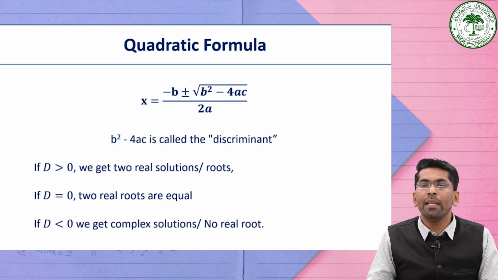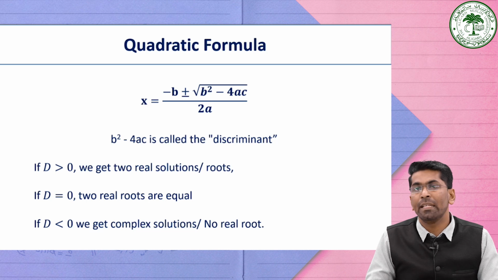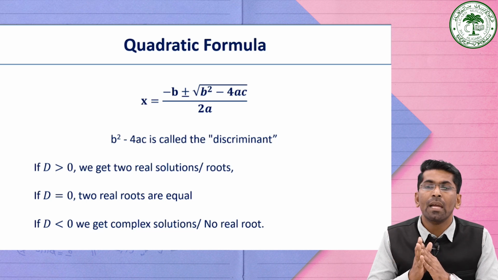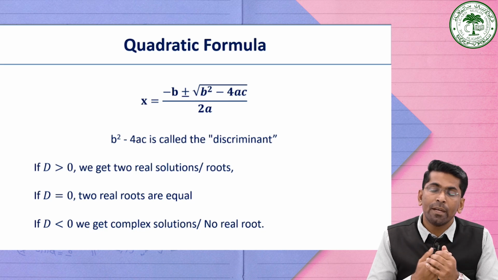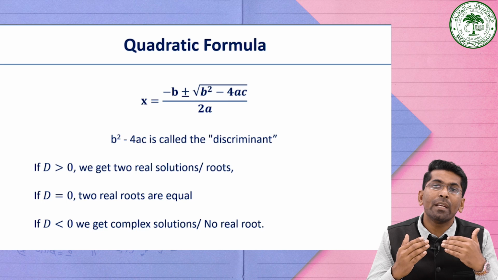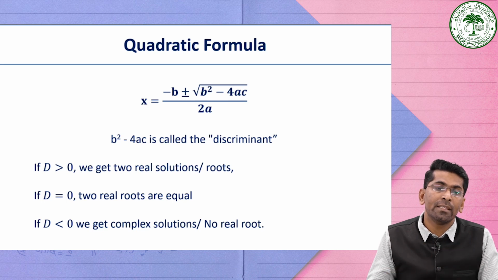Similarly, if d is less than 0, that means the discriminant is negative, then it indicates that the quadratic equation has two complex or imaginary roots, and geometrically it means that the parabola represented by the quadratic equation does not intersect the x-axis.